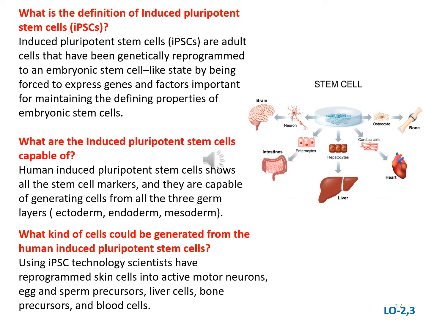See how interesting it is, from where we started and where we have reached. As you all know, necessity is the mother of invention. We had some ethical issues and some opposition to the embryonic stem cell, we came out with this new technology, and this is doing wonders.